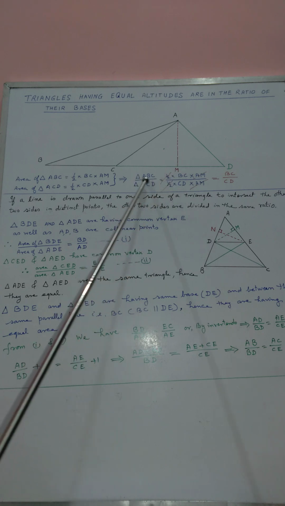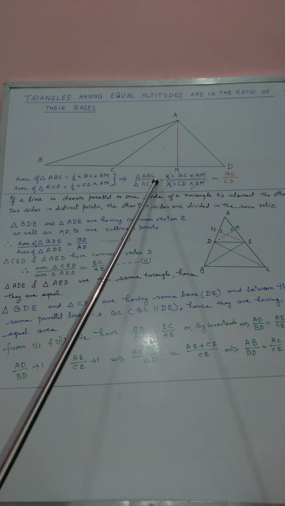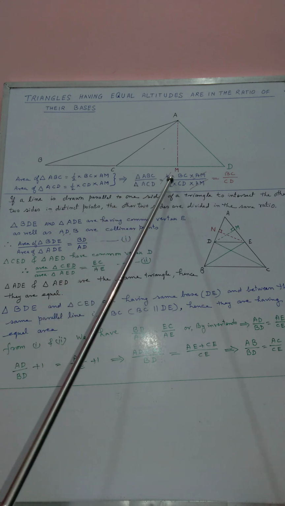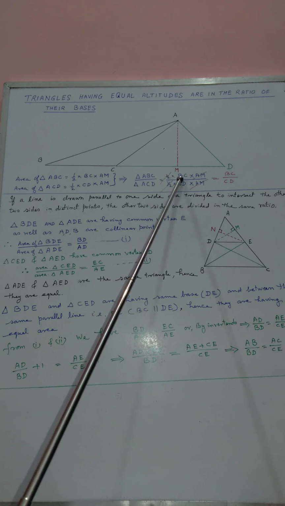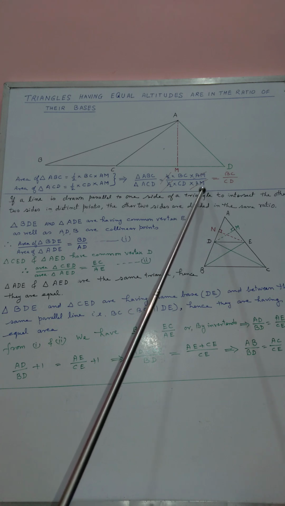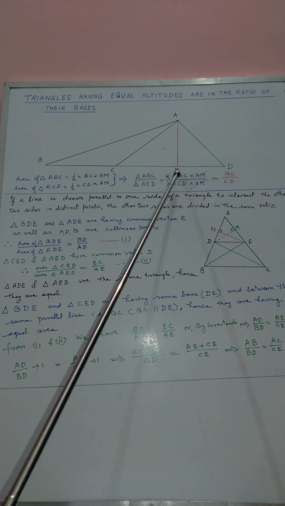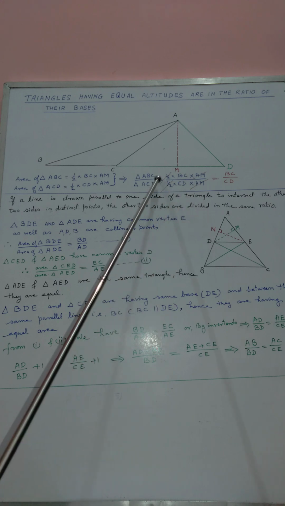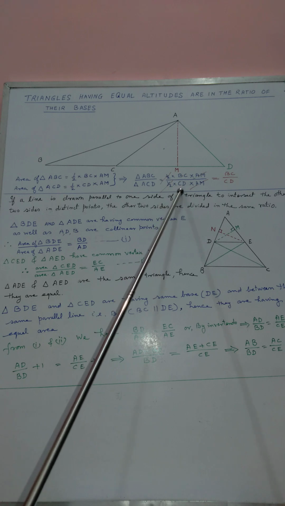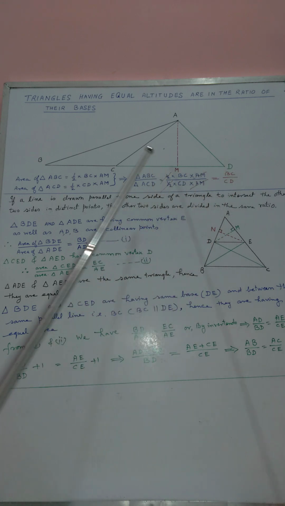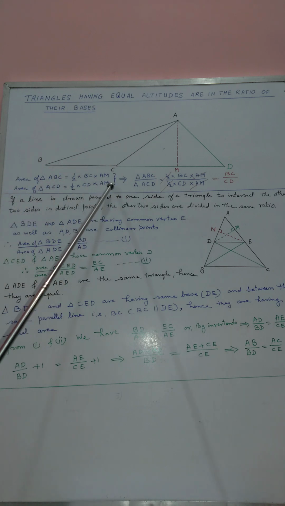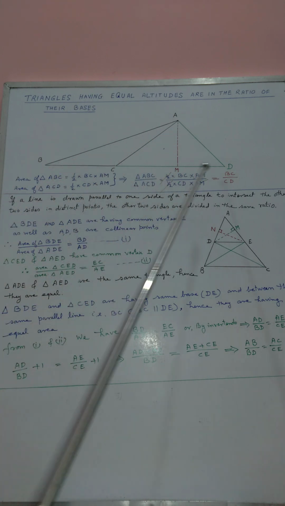So I have substituted: triangle ABC upon triangle ACD is equal to 1 by 2 into BC into AM upon 1 by 2 CD into AM. So AM and AM will be cancelled, means the same altitude will be cancelled, and 1 by 2 will also be cancelled. Now we are left with BC upon CD, which is the base. BC is the base for triangle ABC and CD is the base for triangle ACD.